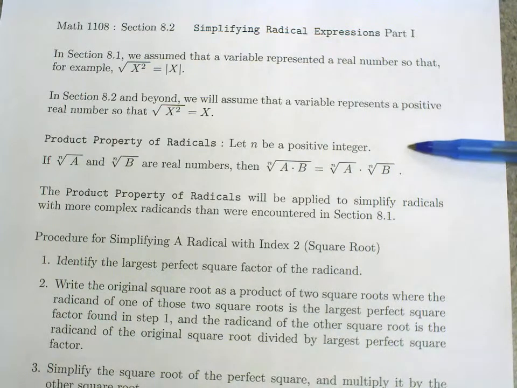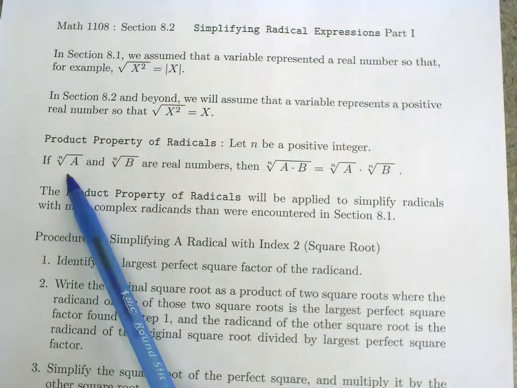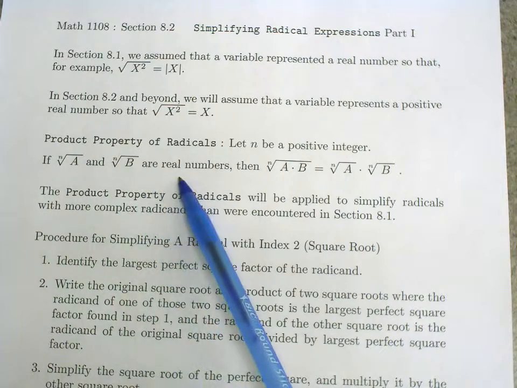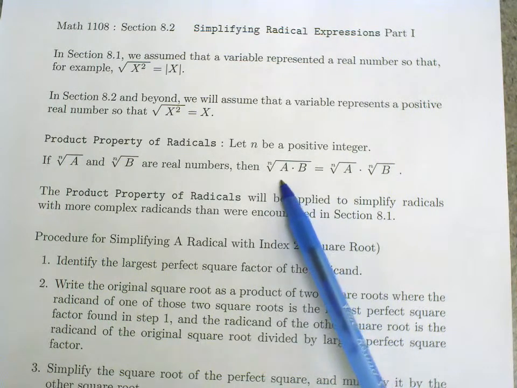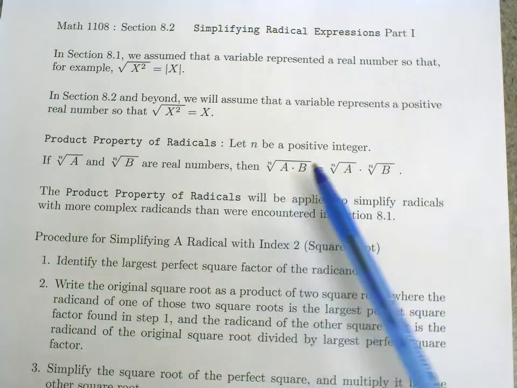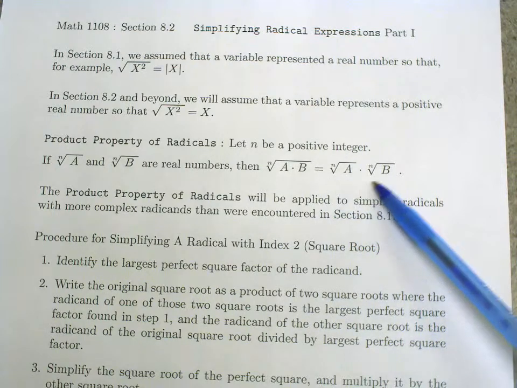Okay, the next thing that we'll discuss is the product property of radicals. So if we let n be a positive integer, and then if the nth root of a and the nth root of b are real numbers, then the nth root of the product of a and b, that is the nth root of a times b, is equal to the nth root of a times the nth root of b.